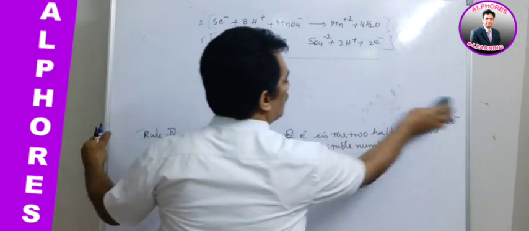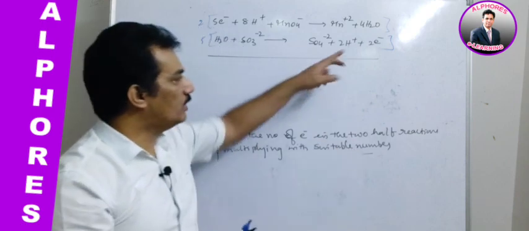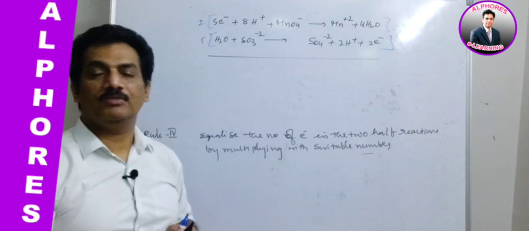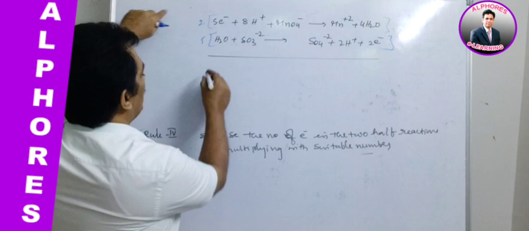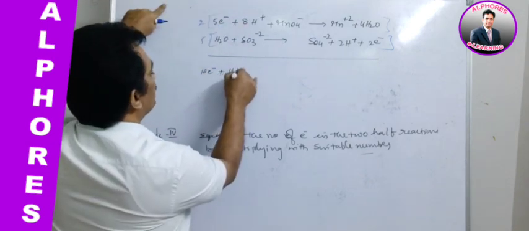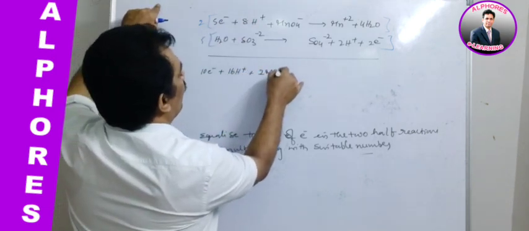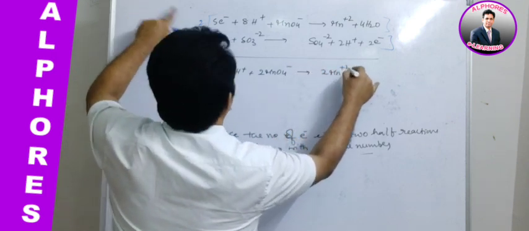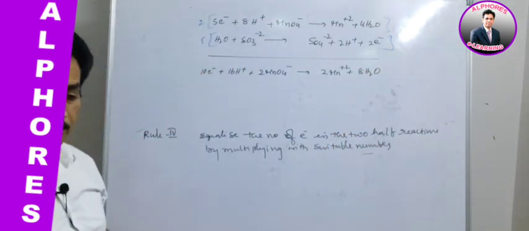Let us see how they are equalized. Just remember, by multiplying with a suitable number, not only the electrons, all the species in the total equation you have to multiply. After multiplication what are we getting? 2 into 5, 10 electrons, plus 2 into 8, 16H plus, plus 2MnO4 minus, giving 2 Mn plus 2 plus 2 into 4, 8H2O. Are you following?